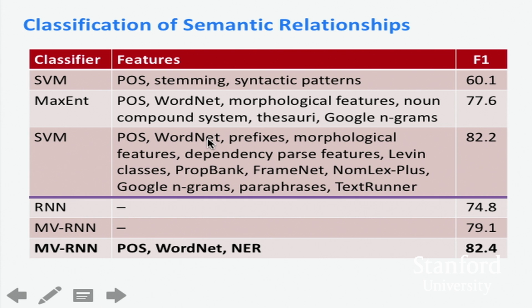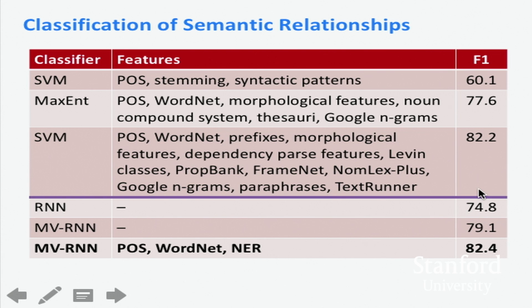An SVM model with a huge amount of hand-built linguistic resources and features, so this is using everything. It's using WordNet, dependency parsers, Levin verb classes, PropBank, FrameNet, NomLex-Plus, Google n-grams, paraphrasers, TextRunner, every feature and knowledge source you could possibly think of to throw into it, got 82.2%.